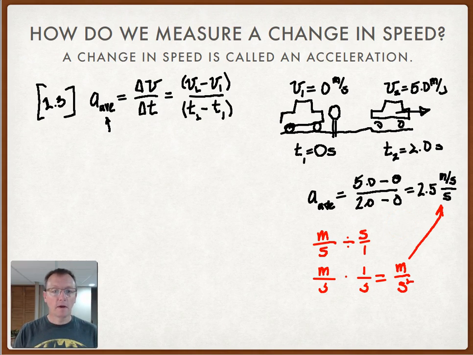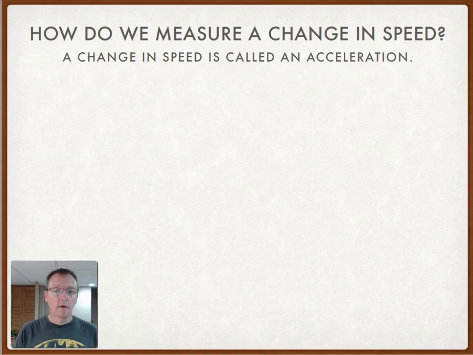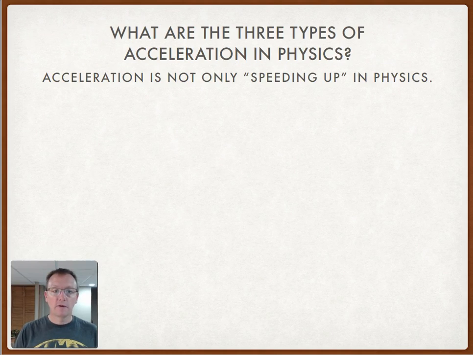Okay, now very quickly, we're going to finish this up. There are actually 3 types of acceleration in physics, and we're going to talk about those very quickly. All of them are acceleration, okay?